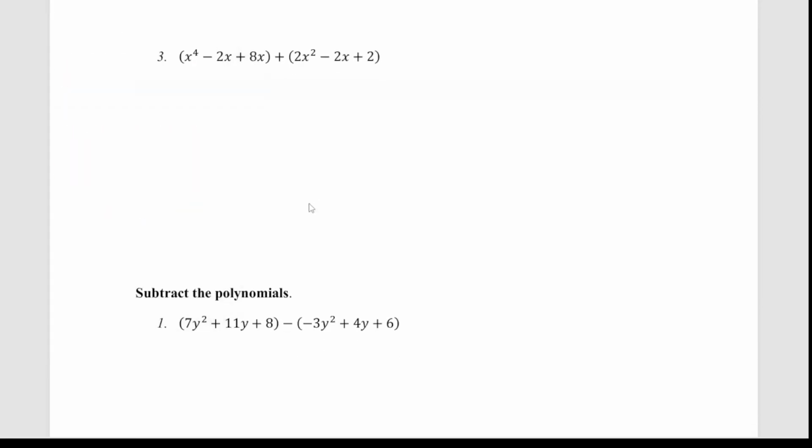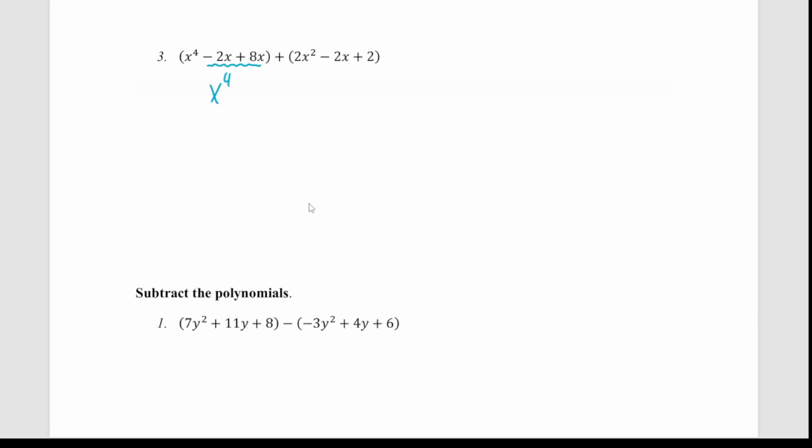Go ahead and see if you can do this next addition problem yourself, and then if you are feeling good about that, go ahead and try this subtraction as well before I go over it. For this addition one, again, you're going to want to vertically align your terms, but notice how here there were actually some like terms to be combined within that parenthesis. So I'm going to go ahead and do that as well.